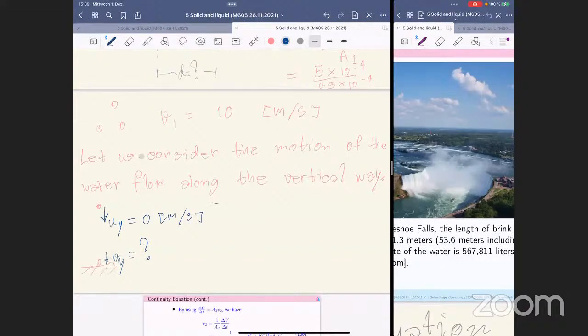And we don't know the time that is going to be consumed at this state, right? We don't know the time for the water drop to reach the ground. So we need to determine the time that is consumed by the water drop from the nozzle to the ground, right?